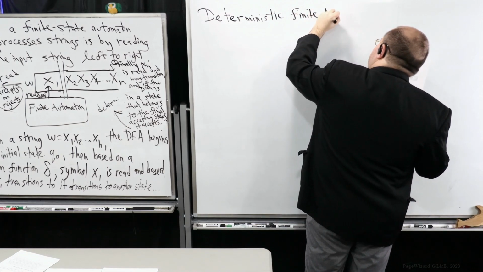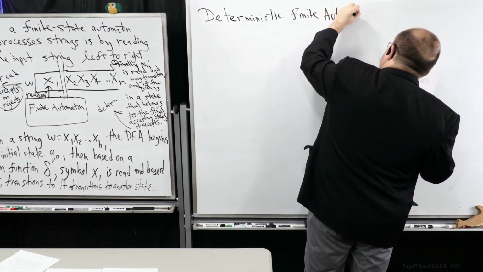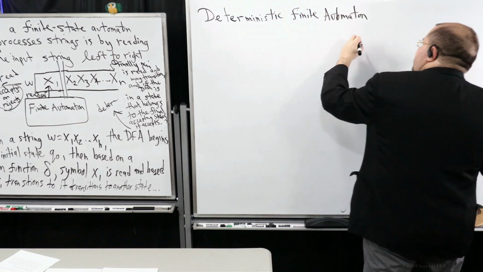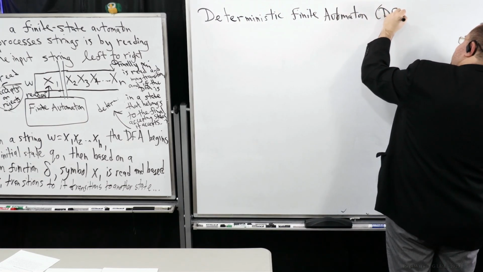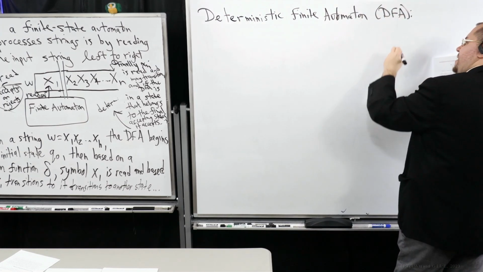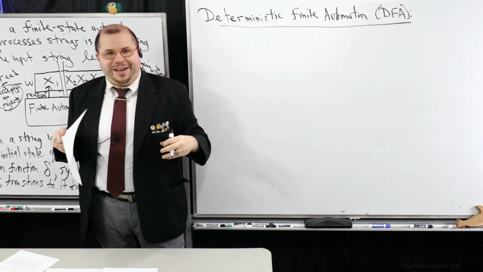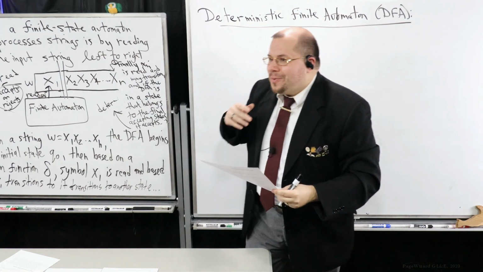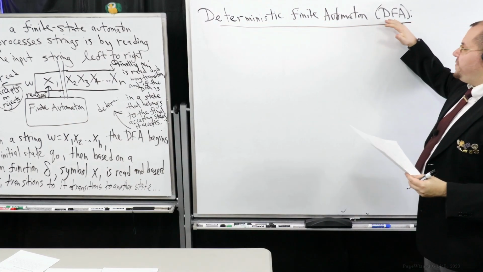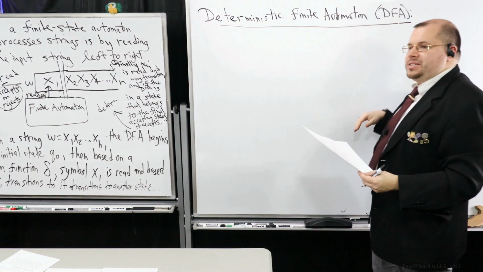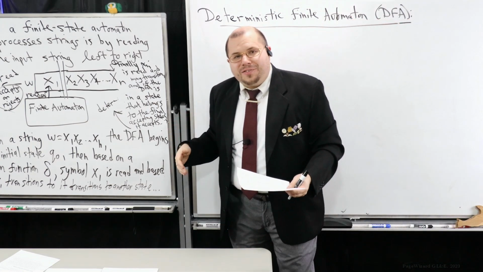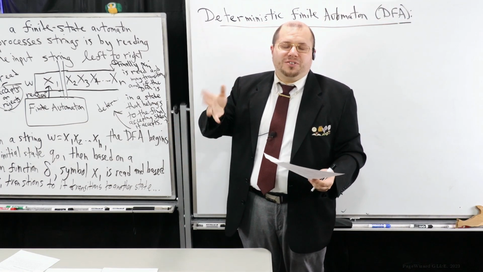Deterministic finite automaton, which is a DFA. So whenever I refer to a deterministic finite automaton, I'll refer to it as a DFA because it's a bit of a mouthful to say that every single time. One thing I need to point out is that DFAs aren't just simply some model of computation. They also can be used for all sorts of different things.